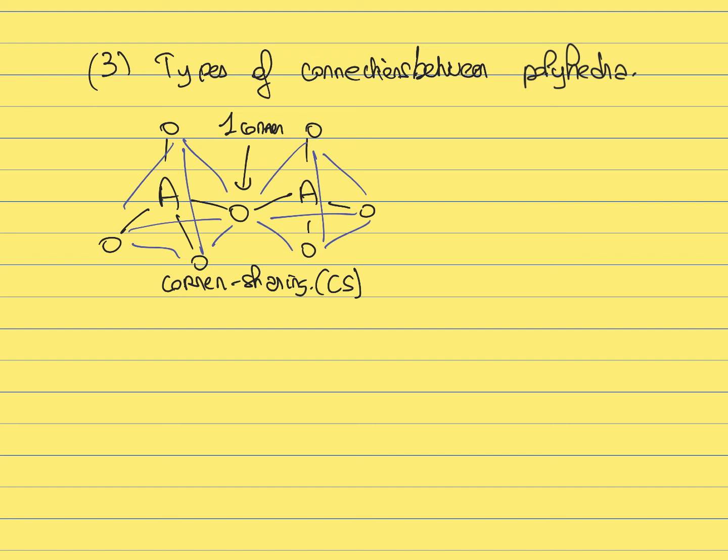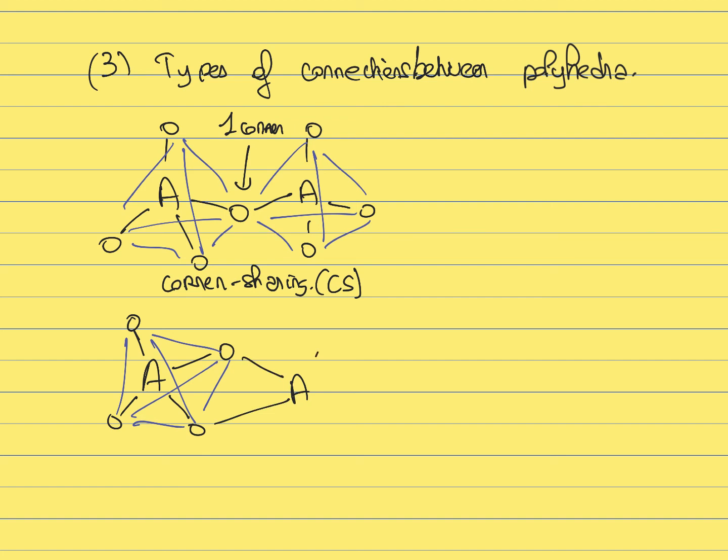But there are some other ways you can connect those two polyhedra. Maybe they can share more than one corner. For example, if you have those two cation atoms, and they are still forming the same types of tetrahedron, you have one that is forming a tetrahedron like this, and now let's assume that this tetrahedron is going to be connected to another cation, but this time they are going to be sharing 2 oxygen in common.